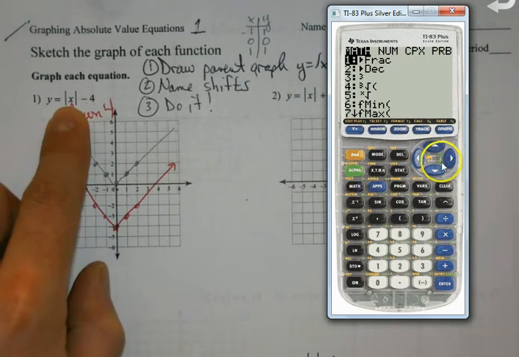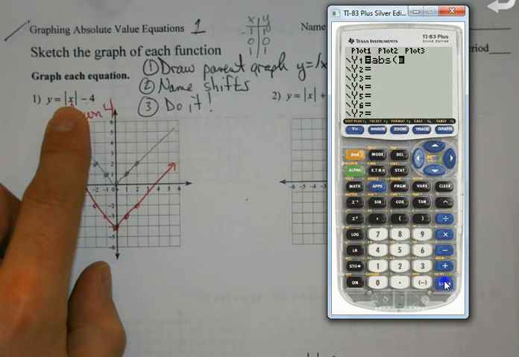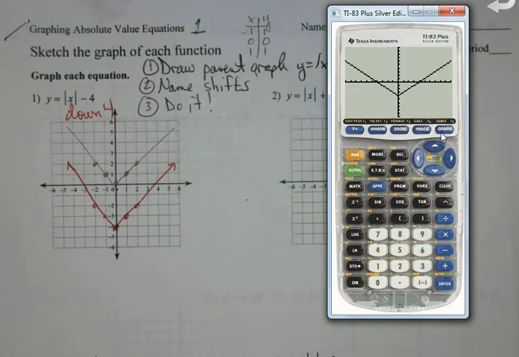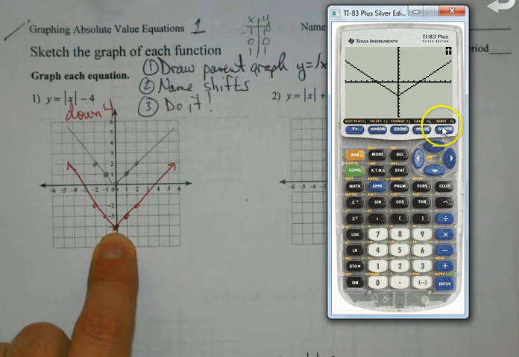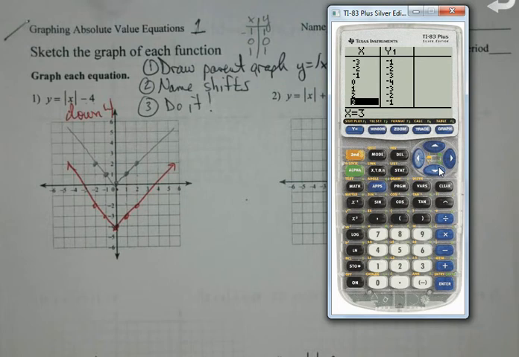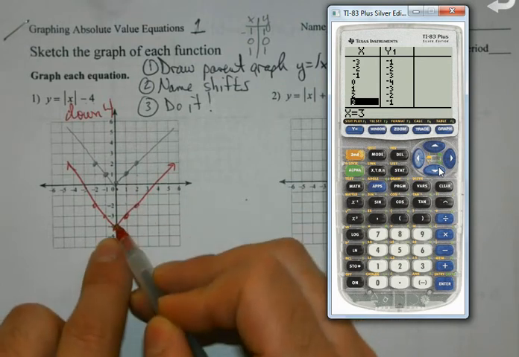I want the absolute value of x minus 4. And if you look at the picture, it goes below. If you look at the graphs here, 0, negative 4.